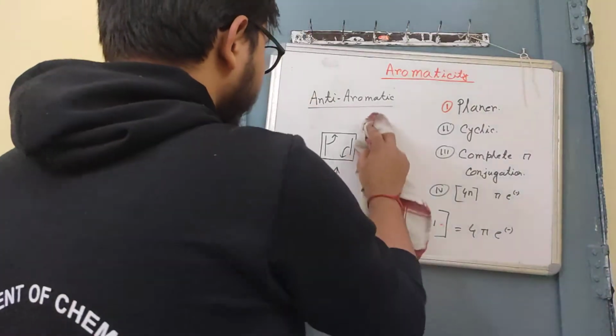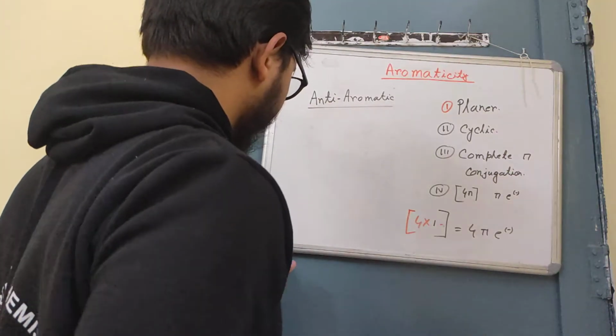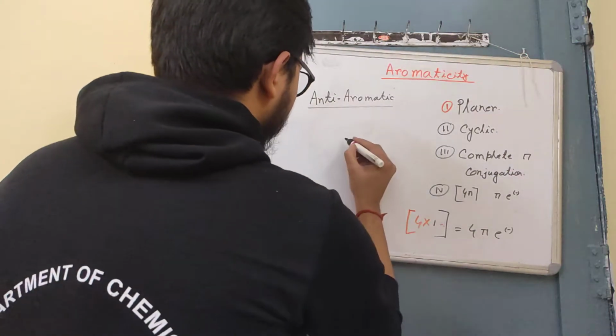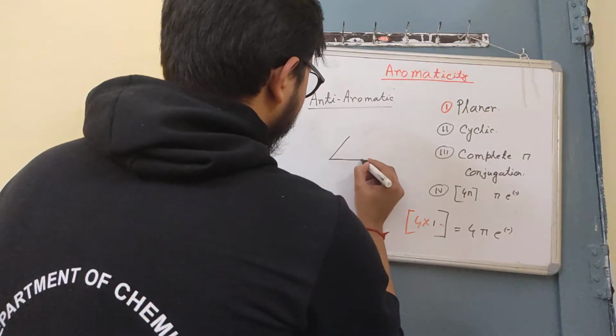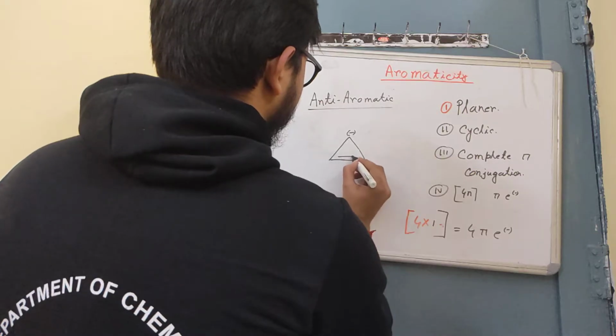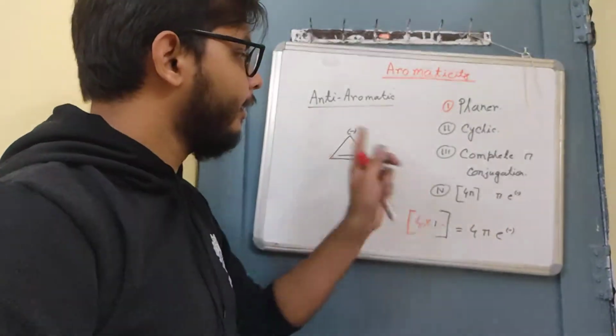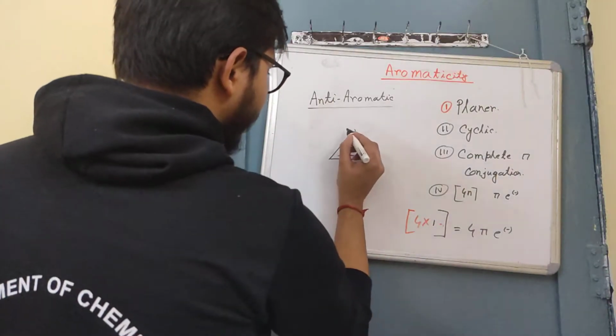Go for another example. This molecule is planar. This molecule is cyclic, with complete pi conjugation. Why?